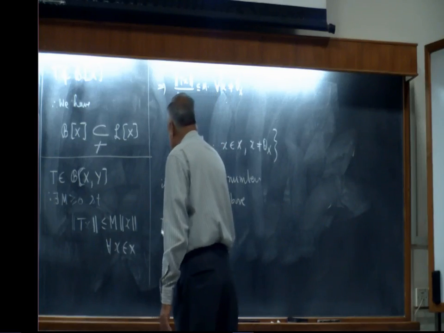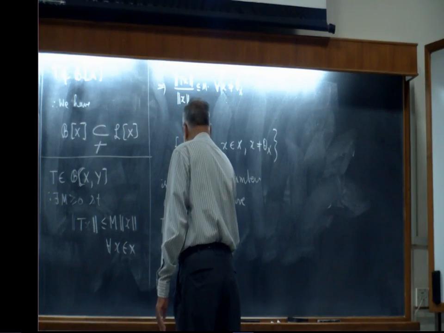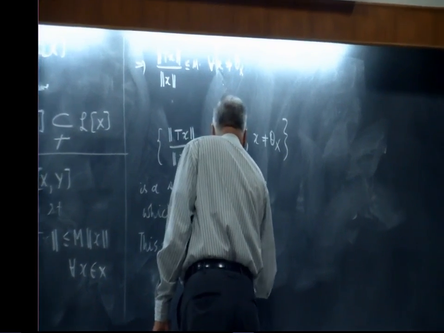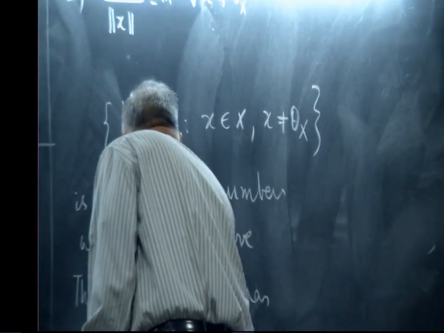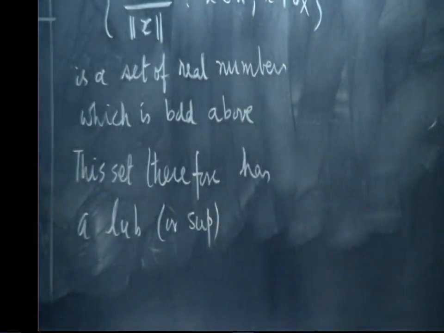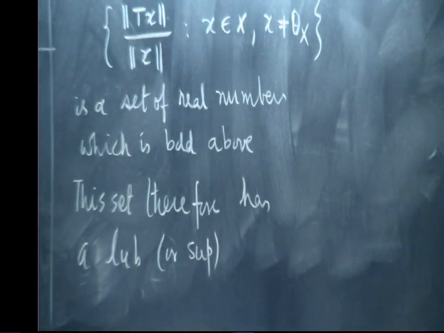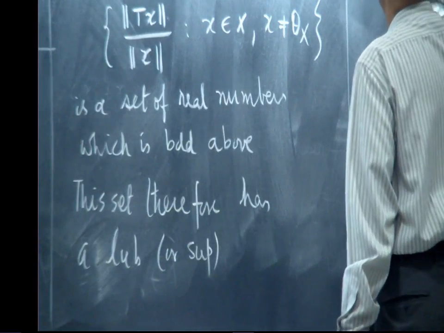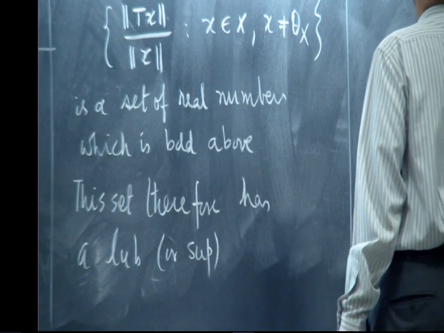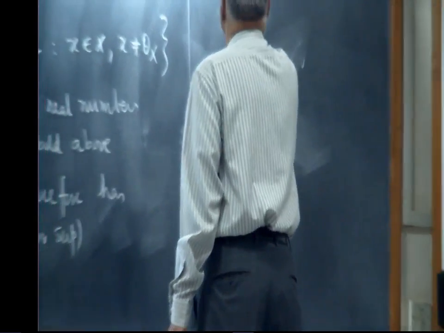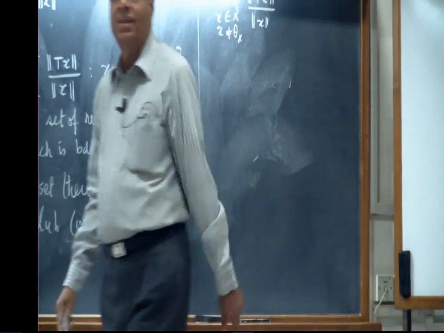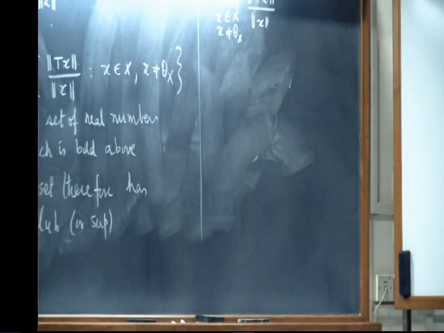So therefore this set has a least upper bound, or what is known as the supremum. I will use from now on the word supremum, which is formally used. So the supremum of norm Tx by norm x, x belonging to X, x not equal to theta x, that number exists as a real positive number.